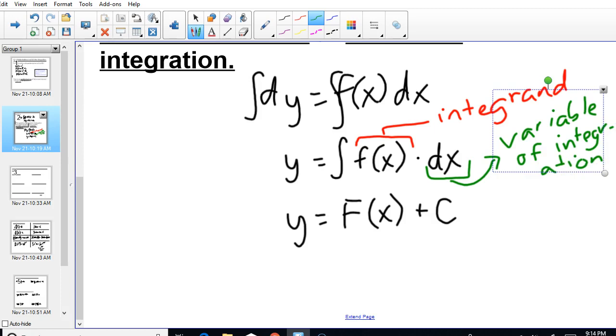That tells us what we're integrating with respect to, much like when we were taking derivatives and had to add in a dy dx or something like that. So those are important parts. We call this c right here our constant of integration.